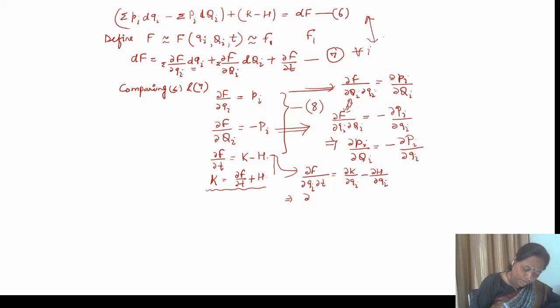So delta pi delta t from 8a is delta qi k minus h. You may write it like this.